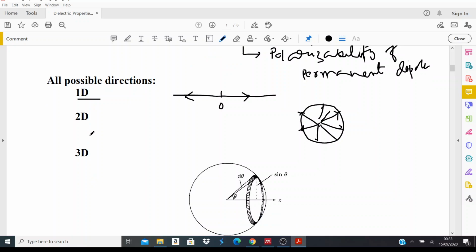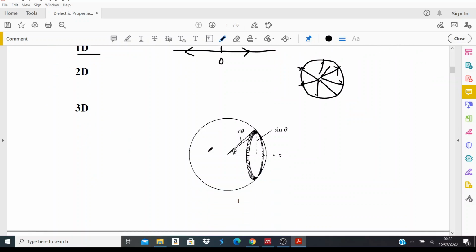So then the question comes, how do you represent all the possible directions in three dimensions? If two dimensions is covered with a circle, you can imagine that in three dimensions all the directions have to be in a sphere, right? That's another very important point to remember.